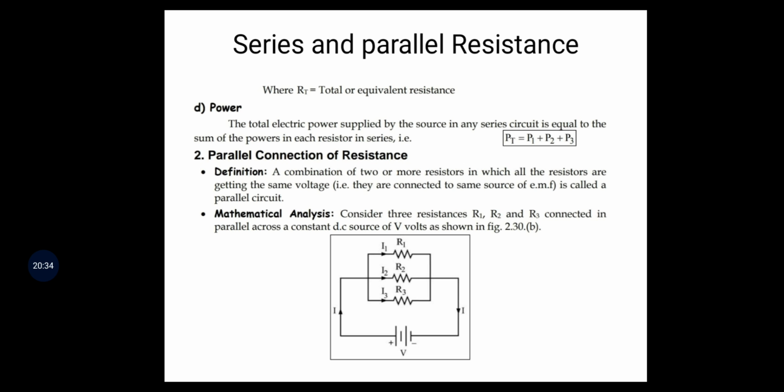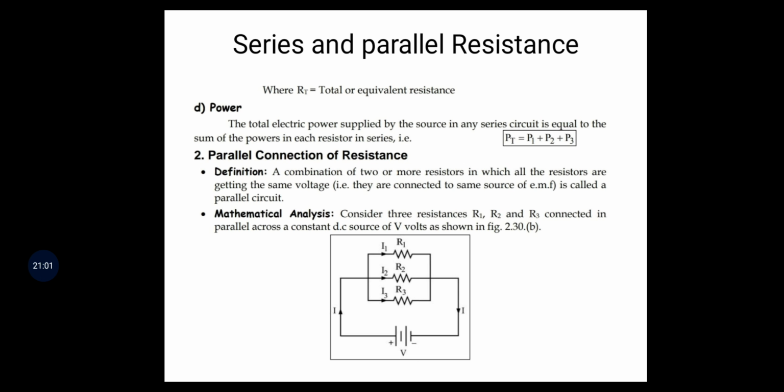By definition, a combination of two or more resistors in which all the resistors get the same voltage is called a parallel circuit.